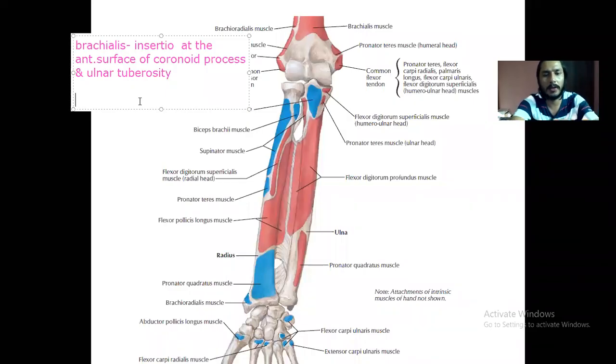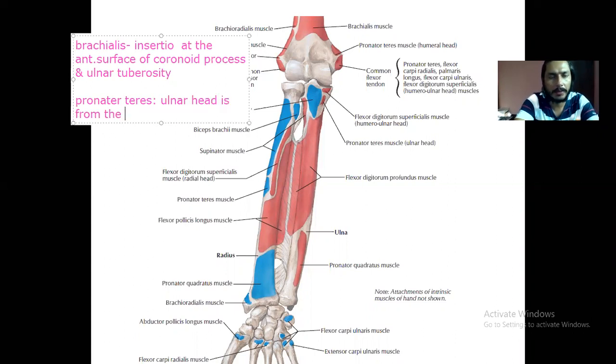So next we'll go for the pronator teres. This is the ulnar head of pronator teres. It has the origin from the common flexor origin also. Okay. So the ulnar head is from the surface of olecranon process.